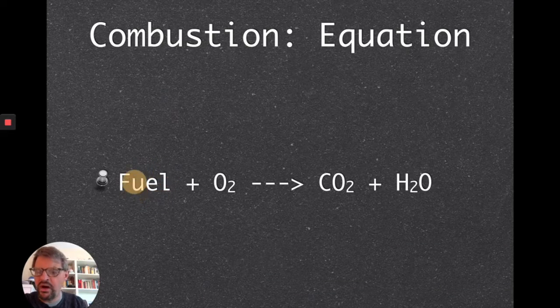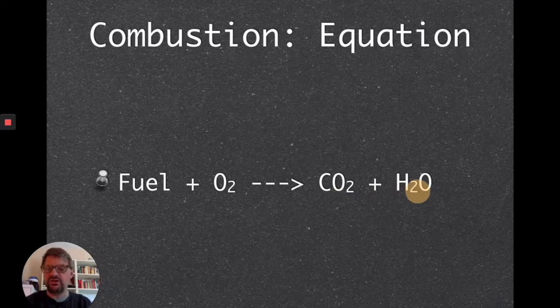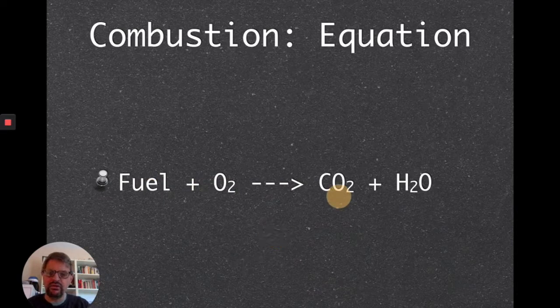The fuel molecule plus oxygen react to form carbon dioxide, CO2, and H2O. Okay? These are your reactants. These are your products. And the arrow is the reaction. So any combustion reaction is always going to be written in this form. The molecule of fuel plus O2, arrow, CO2 plus H2O.